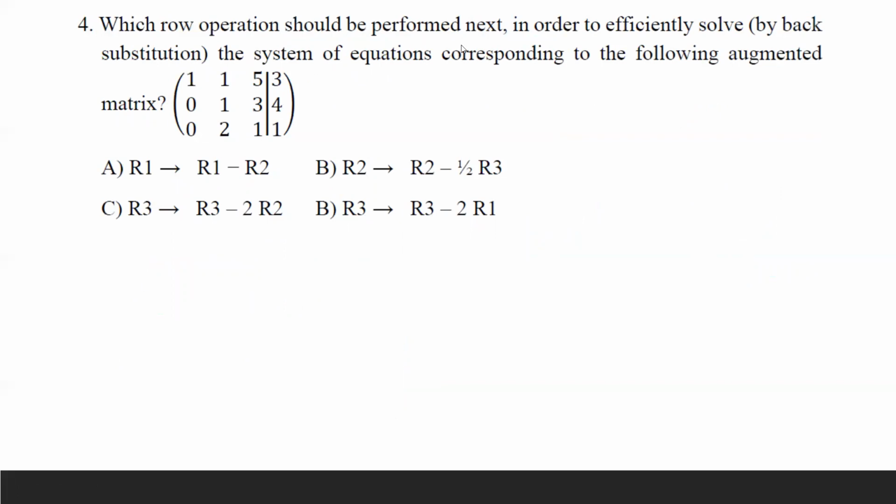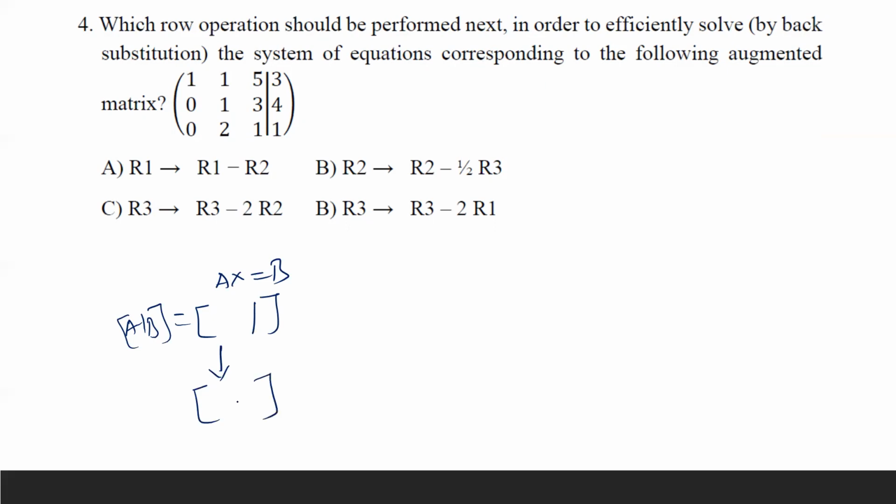Which row operation should be performed next in order to effectively solve the system of equations corresponding to the following augmented matrix? Remember, when you are given a system of equations, we'll first write its matrix form. Then we'll take the augmented matrix, isn't it? Now by taking the augmented matrix, we'll try to reduce this into its echelon form.